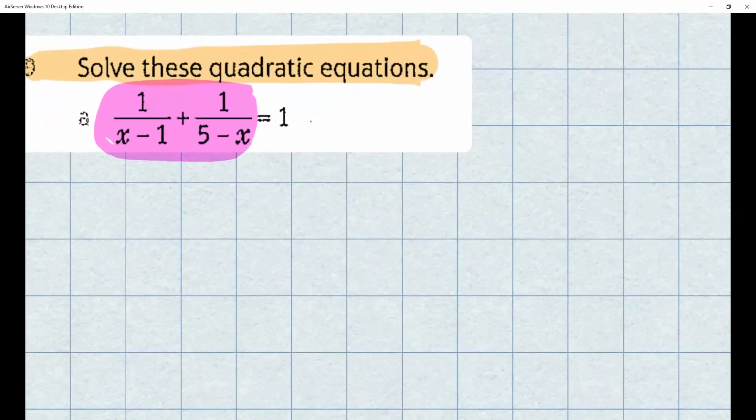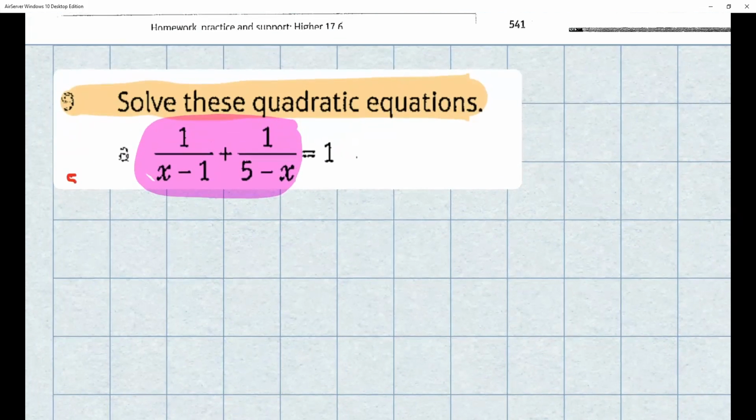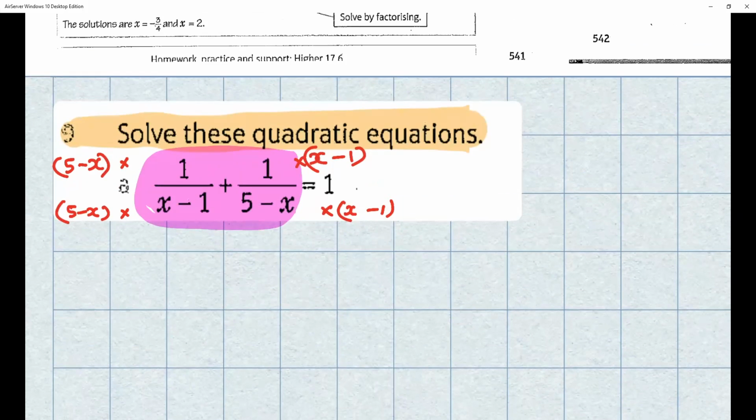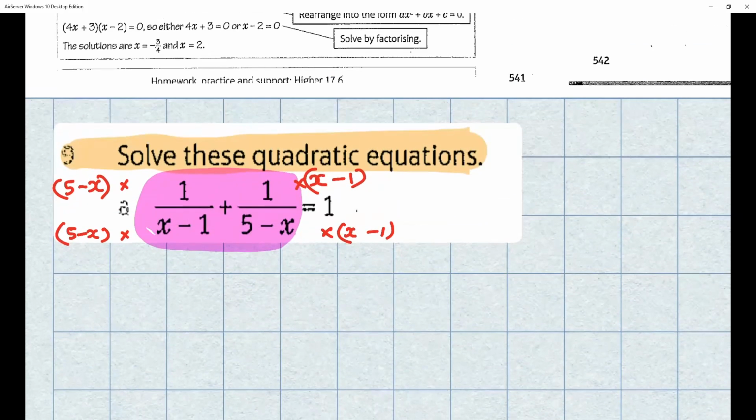Okay, lovely. How do we do that? You have to times x minus 1 by 5 minus x and 5 minus x by x minus 1. Okay, top and bottom. We've got to make sure that we write it top and bottom. And we times that by x minus 1 and times that by x minus 1. So let's go down to the next line now.